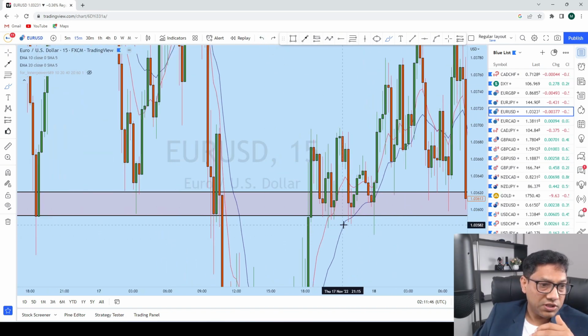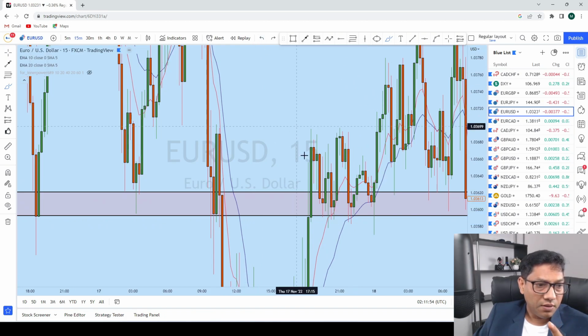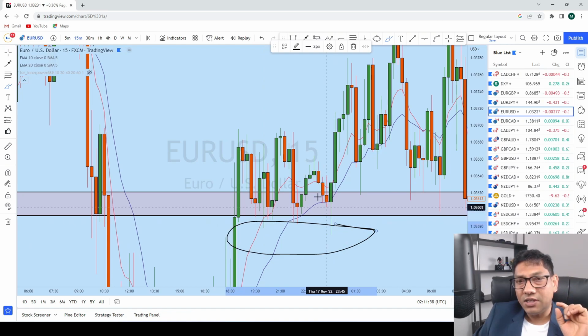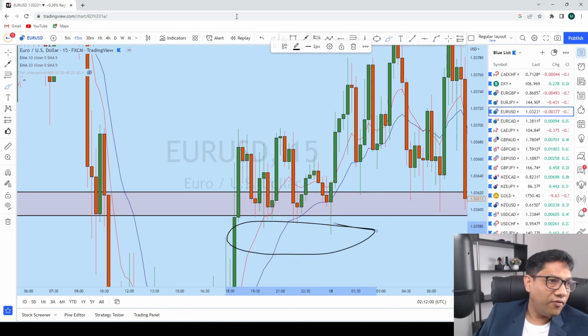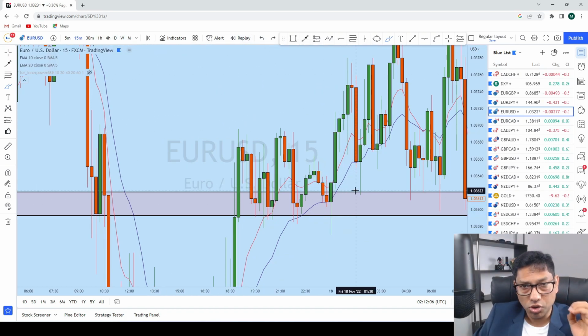A couple of candles created the same kind of false breakout of this support level, but this one crossed all of them. And that's the patience that you need to grow, to wait for this kind of price action so that you can find the best possible trade in the market.